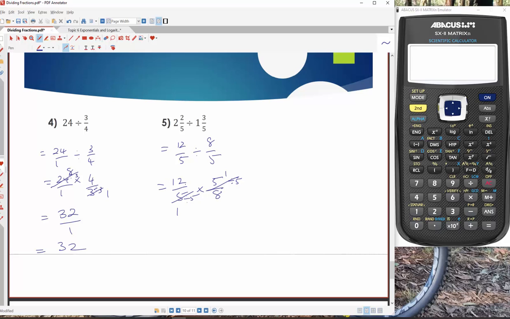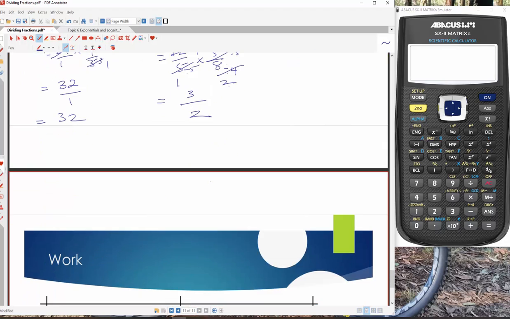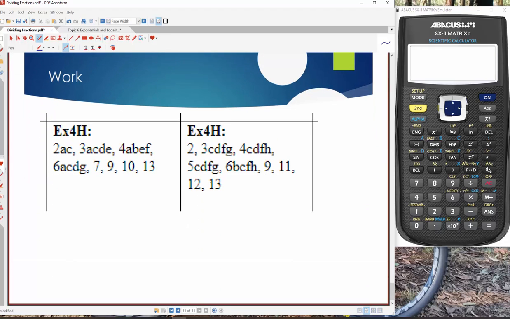What will go into 8 and also 12? The highest common factor is 4. 2 times, 3 times. 3 times 1 is 3, 1 times 2 is 2. So, practice.